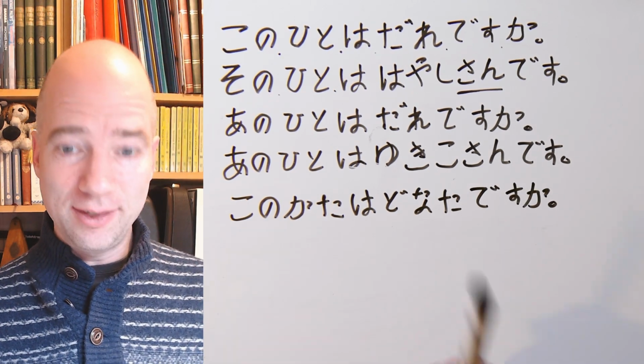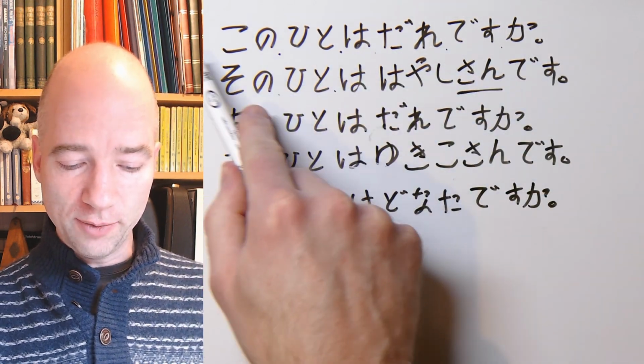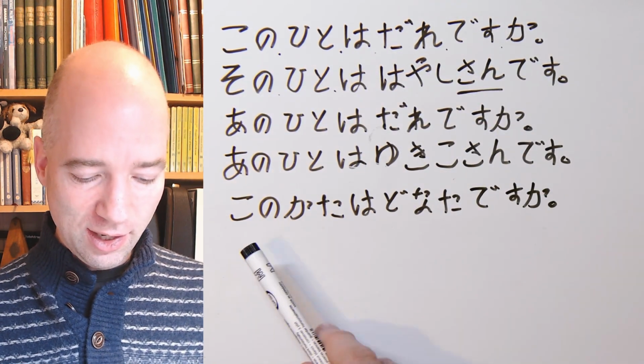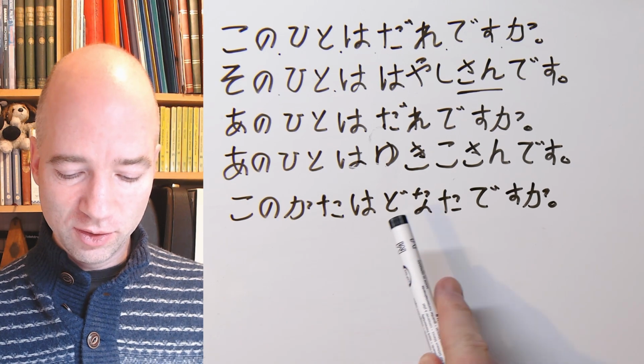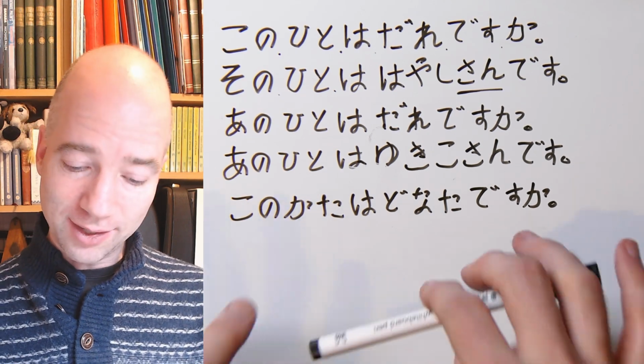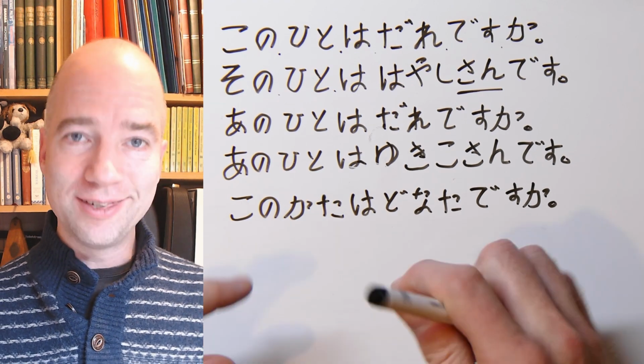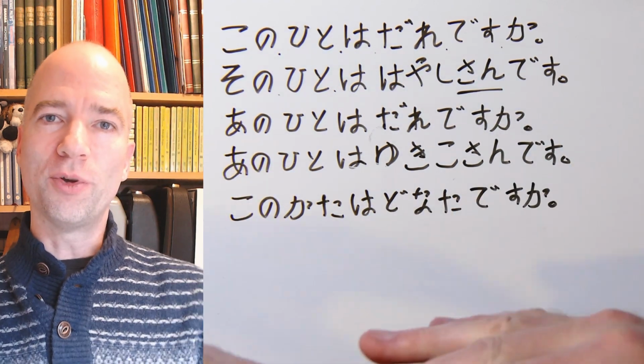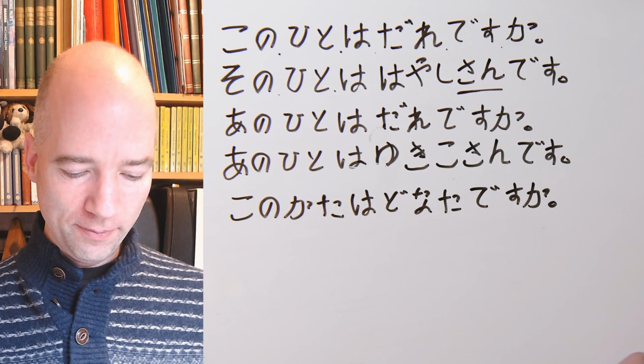This is exactly the same question as the first one here. It means exactly the same thing. It means this person who is. So who is this person? Exactly the same as the first sentence. But this is one notch up in formality or politeness.